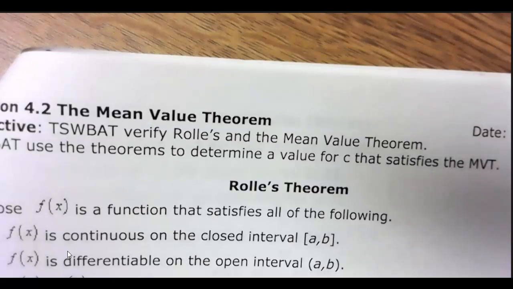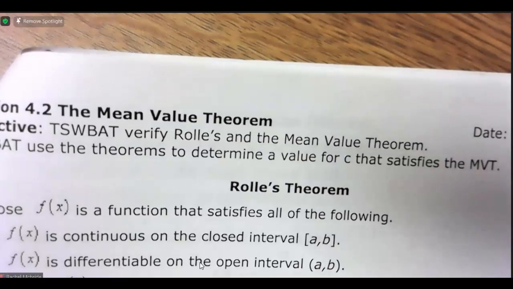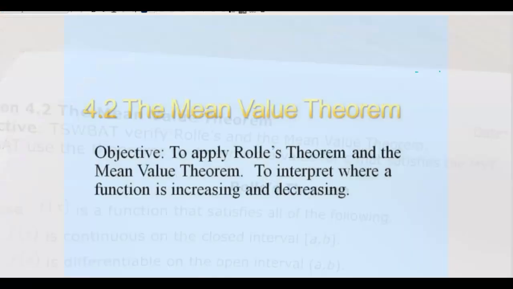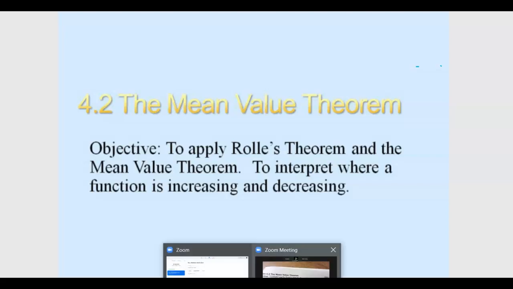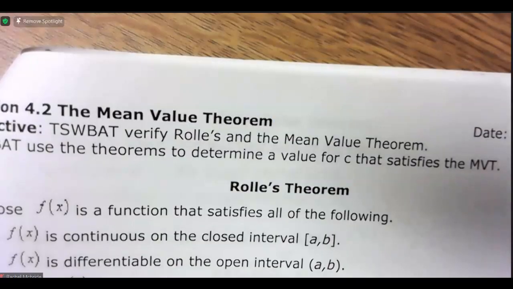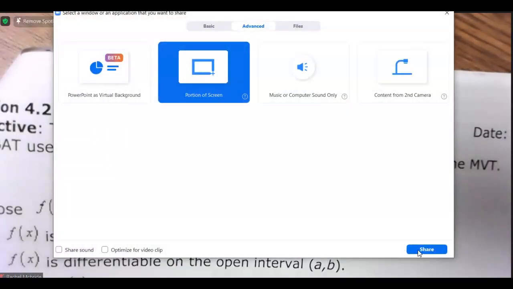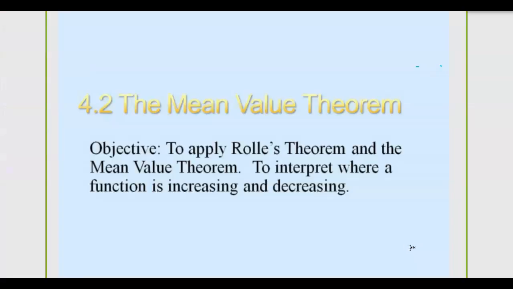So Rolle's theorem is like the child of the mean value theorem, if that kind of makes sense. So let's get to my notes.